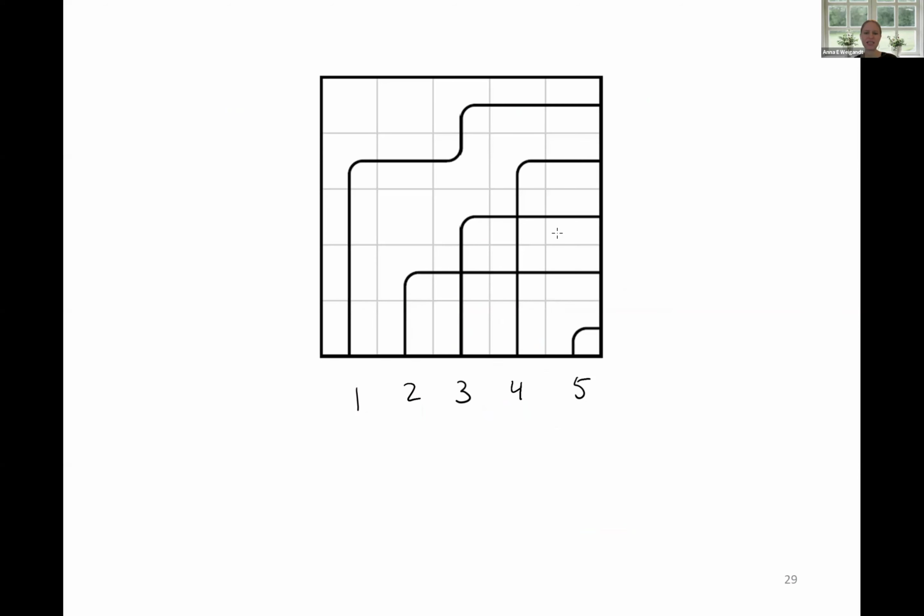We first need to get a permutation out of these objects. What we do is label the bottom pipes from left to right with the numbers 1 through n, and then trace where the pipes go. I guess I'll just go to this slide, which maybe has too much information.